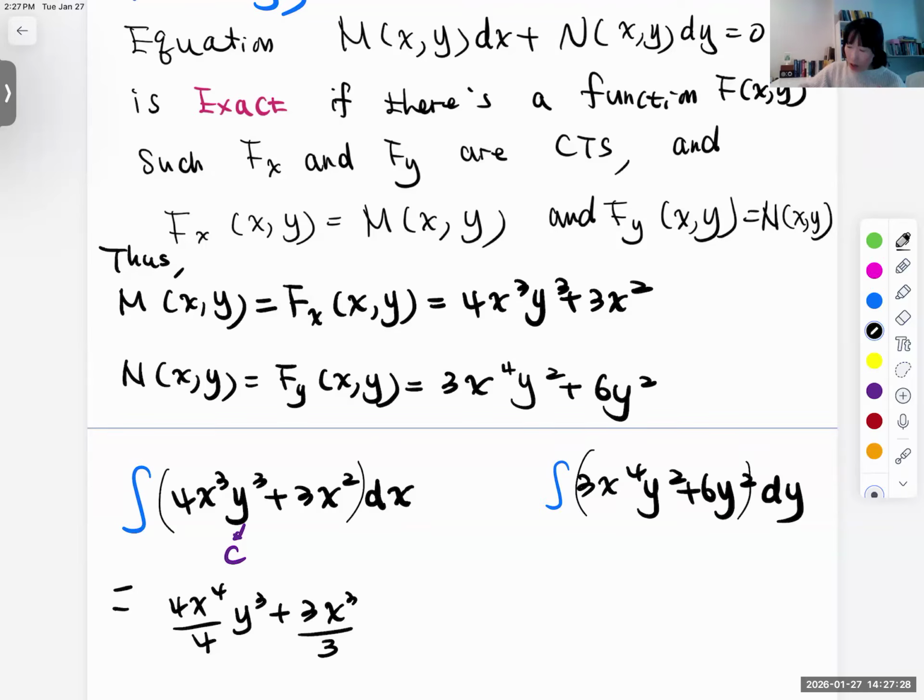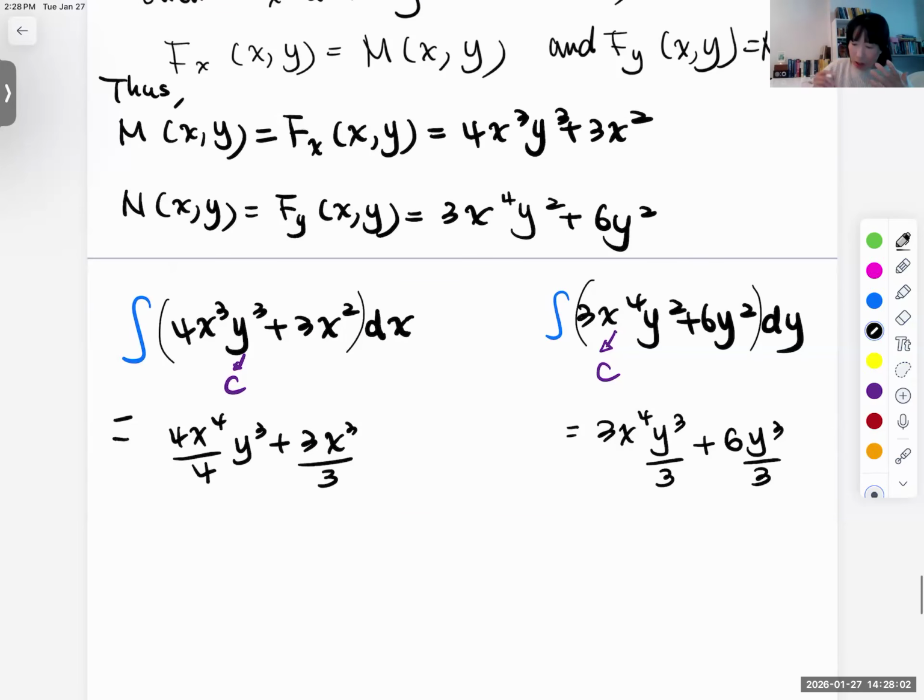Now, y, right? So this is a constant, x is a constant. All right, so antiderivative, what do you get? 3x to the fourth power constant, and then we do antiderivative with respect to y, so y to the third power over 3 plus 6y to the second power, so y to the third power over 3, right?